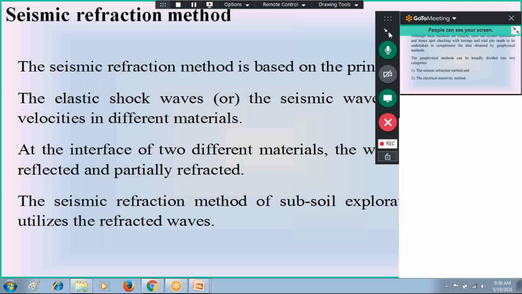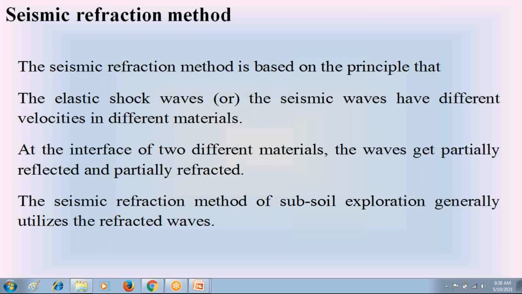If the material is denser, it moves with larger velocity. If the material is lighter, with low density, it moves with lesser velocity. So the velocity of a wave is different in different materials, directly proportional to the density of the material. That is the principle on which this seismic refraction method depends.